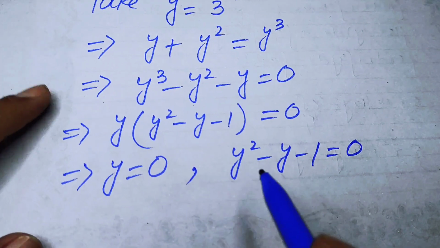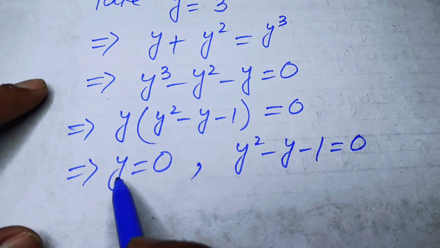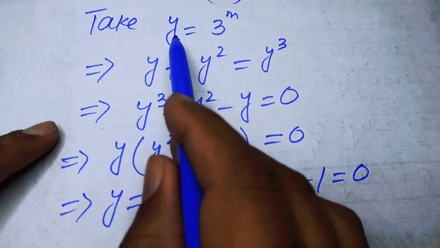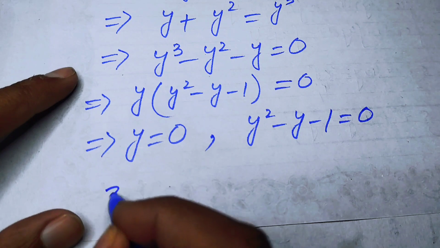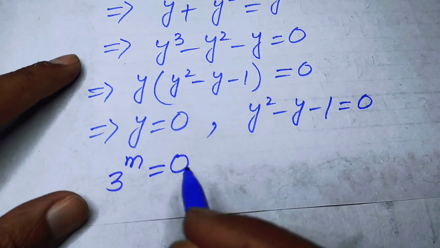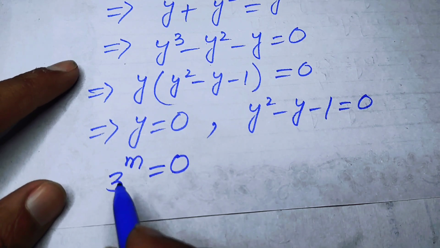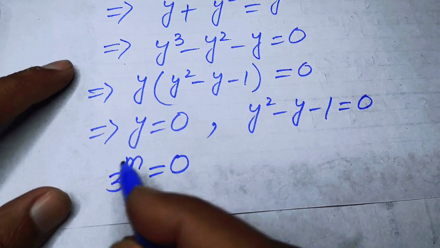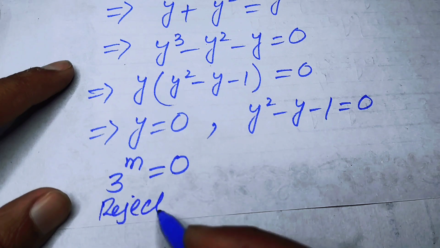And after that first I will solve this root, and here in the start of the question we took y is equal to 3 to the power of m, so we will back substitute the value of y and we will get 3 to the power of m is equal to 0. And here you can see that this is an exponential function, and the exponential function can never be equal to 0, so we will just reject this case.